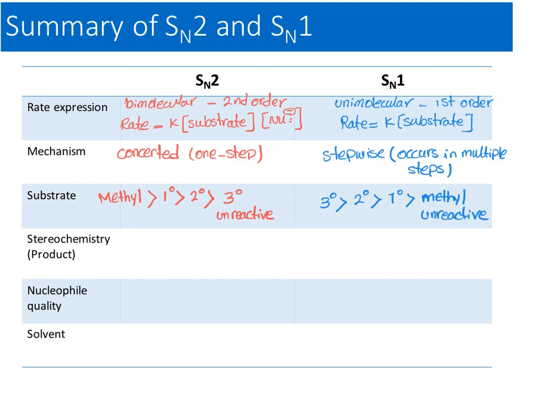Now regarding the stereochemistry, in SN2 mechanism we have inversion of configuration. So we have inversion of stereochemistry. In SN1 reaction, we have both inversion and retention, so a mix of stereochemistry.